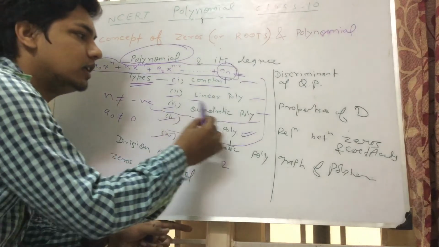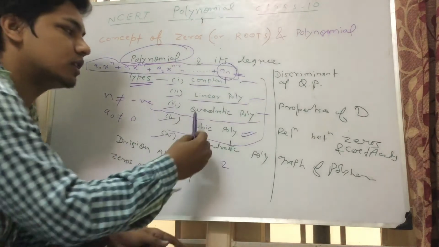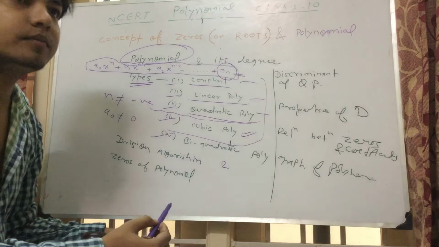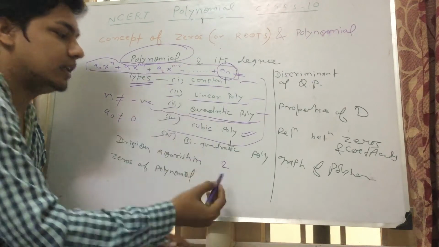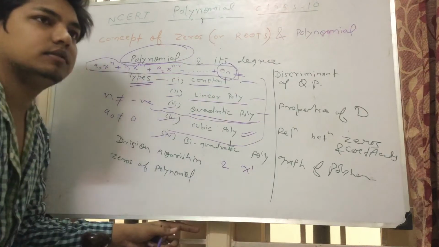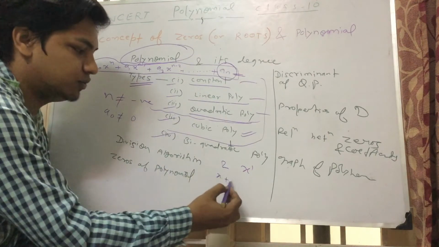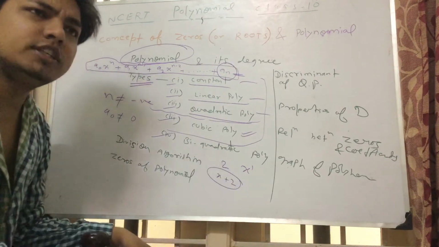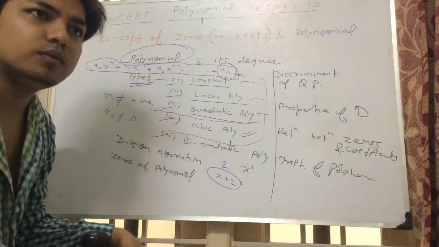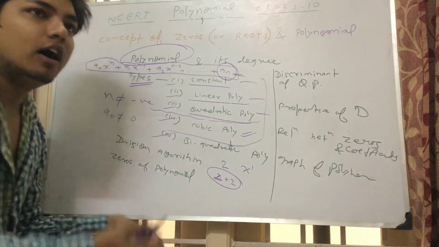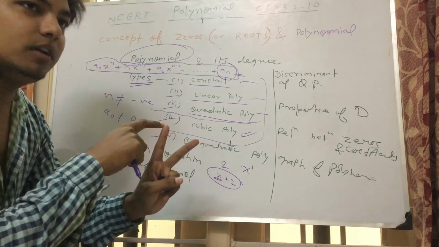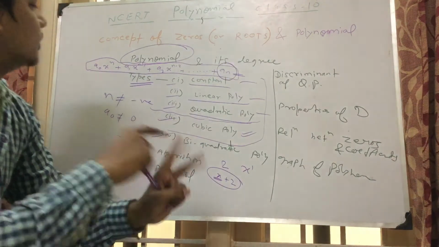Now, what is a linear polynomial? And then we have to discuss what is a quadratic polynomial. In a linear polynomial, the power will be 1, like x plus 2. Is this a constant polynomial or not? No. Why? Because we have one variable term. One more thing: what is a variable and what is a constant?